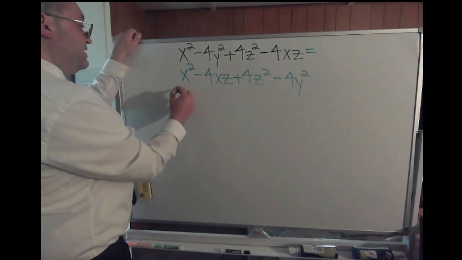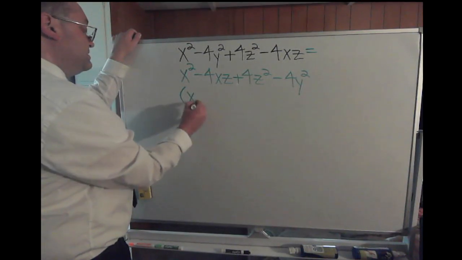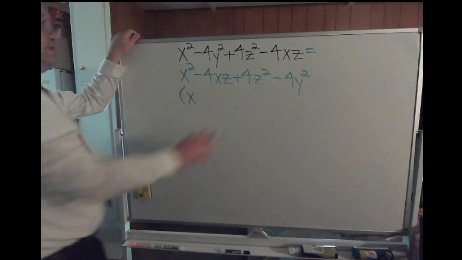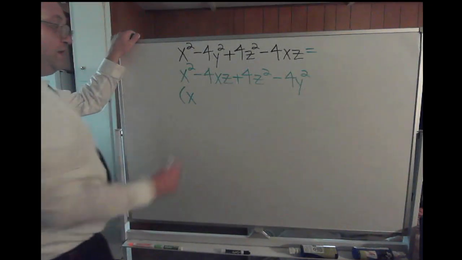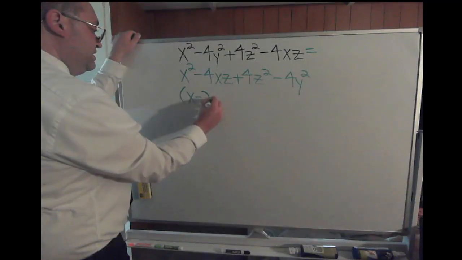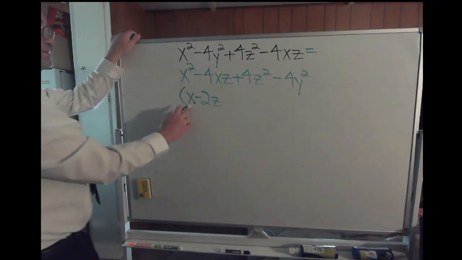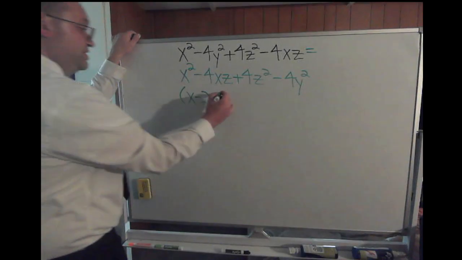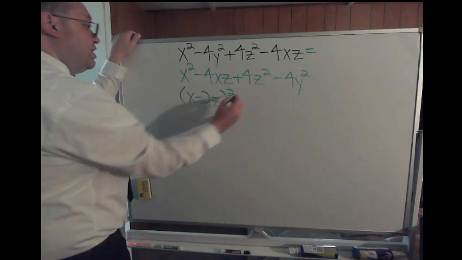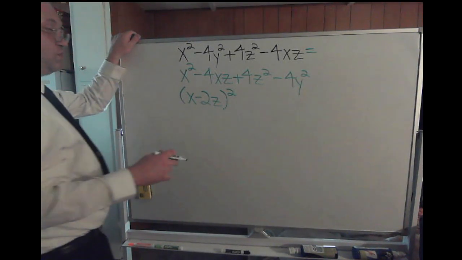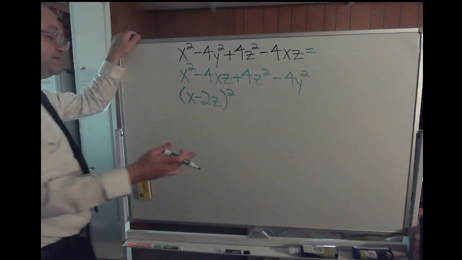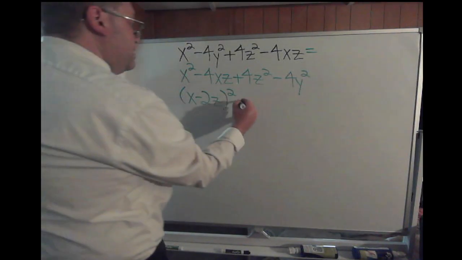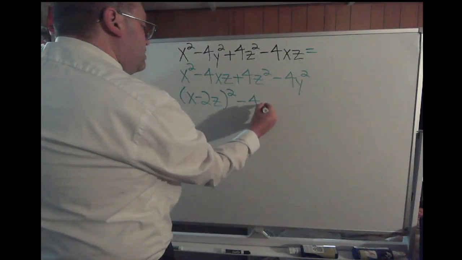Because the square root of x squared, well, that's x. You have a negative sign for your middle term, so that means you need a negative root of 4z squared. Well, that'd be negative 2z. If you take 2 times x times negative 2z, you get negative 4xz. So this is, in fact, a binomial square or a perfect square trinomial, however you want to say it. You get x minus 2z, that quantity squared, minus your 4y squared.